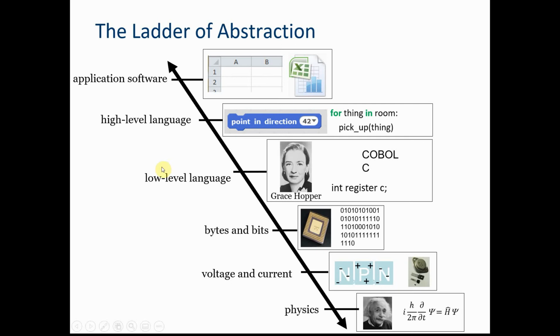Then we have lower level languages. We're going to look at assembly language. You'll be quite happy that you don't have to program in assembly language. At one time, the only way you could program a computer was to program in assembly language. But as we move up the ladder of abstraction, things are getting easier. In AP Computer Science Principles, we work with Scratch.